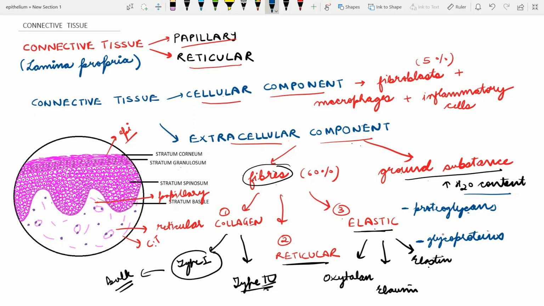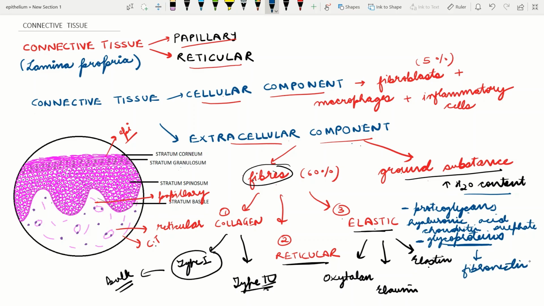So which proteoglycans will you see here? That is hyaluronic acid, and the other one is chondroitin sulfate. The glycoprotein that you will see here is fibronectin.